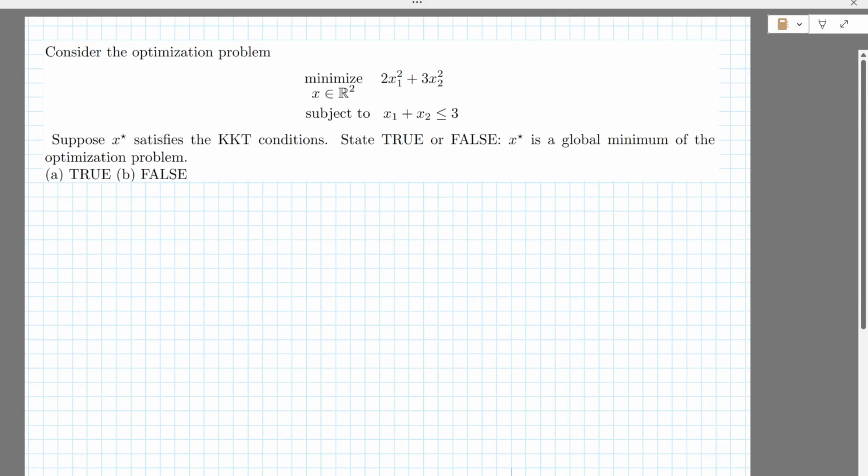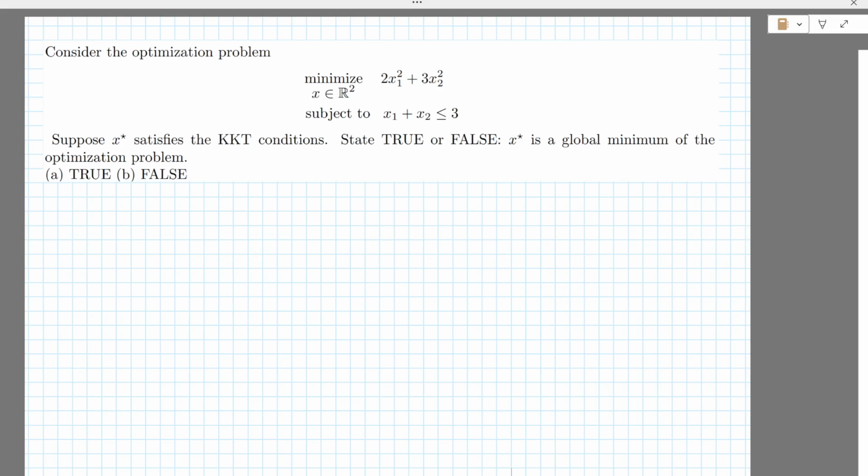Next question is, we have this optimization problem, and x star satisfies the KKT conditions.